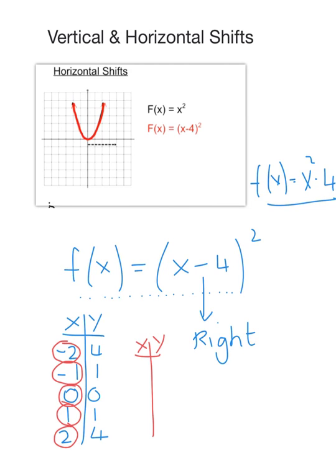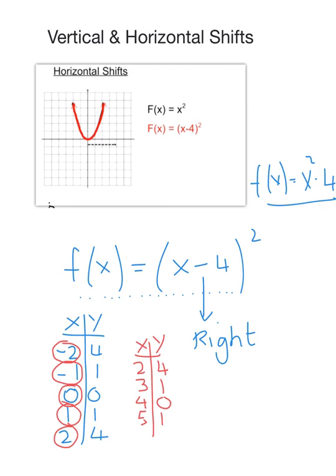Negative 2, if it's shifted 4 to the right, goes to 2, 4. Y value untouched. Negative 1, 4 units to the right goes to 3, 1. The y value untouched. 0, 0 goes to 4, 0. 1, 1, 4 units to the right is 5, 1.